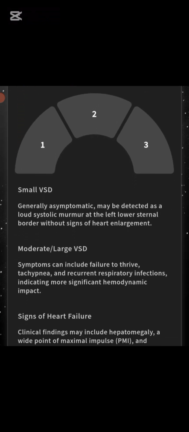Clinical presentations of VSDs: small VSDs are generally asymptomatic, and may be detected as a loud systolic murmur at the left lower sternal border without sign of heart enlargement.